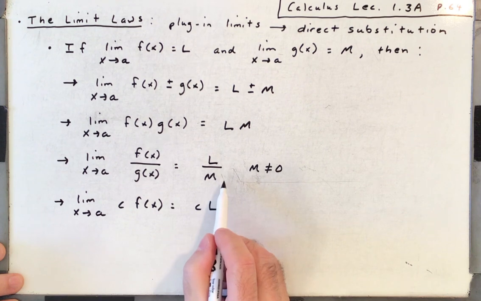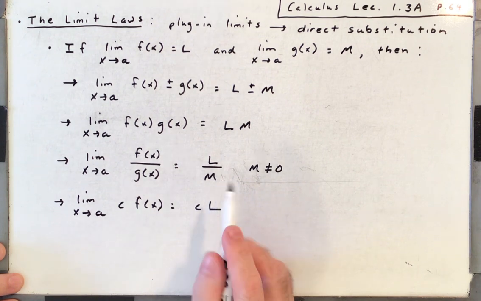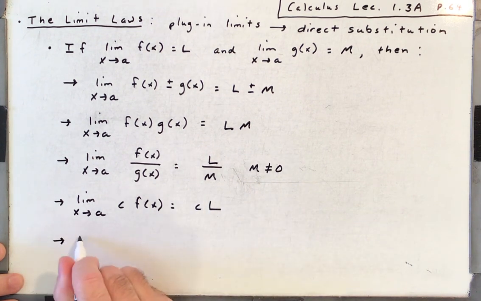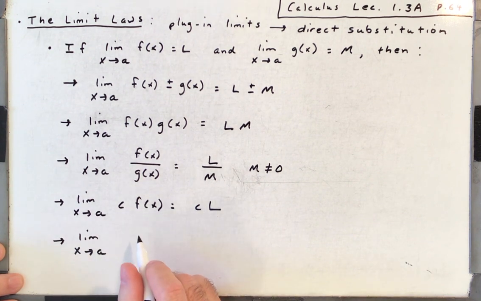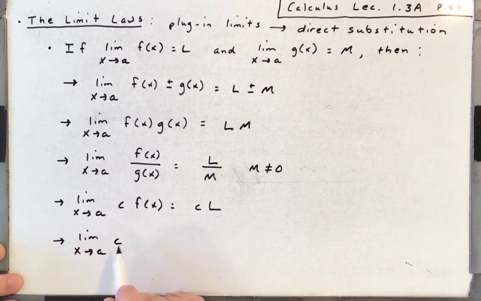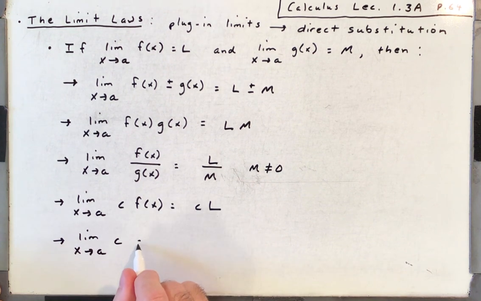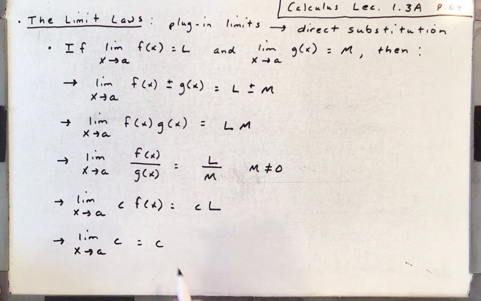The limit as x approaches a of c, so this is just a constant like 5 or 7 or 10 or whatever. You don't have the function in there. Well, there's nothing to plug in, is there? So it's just c.